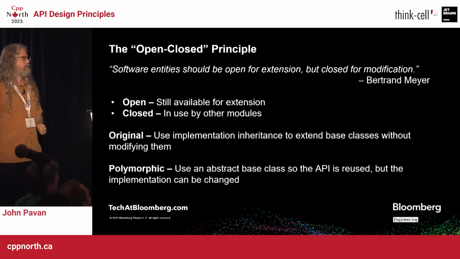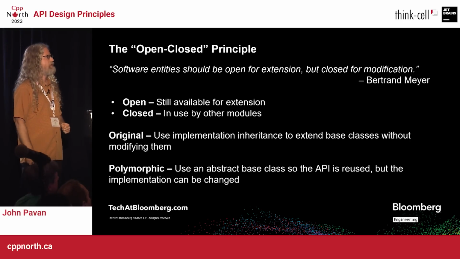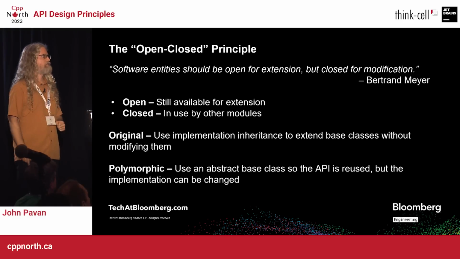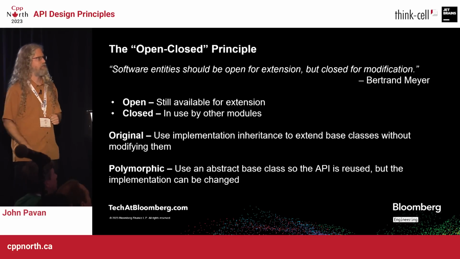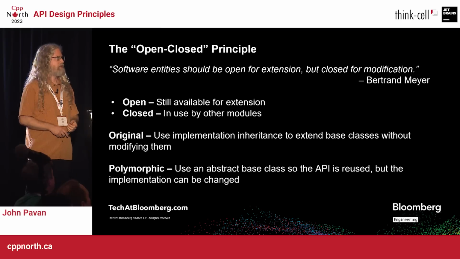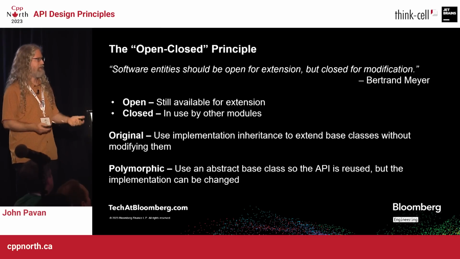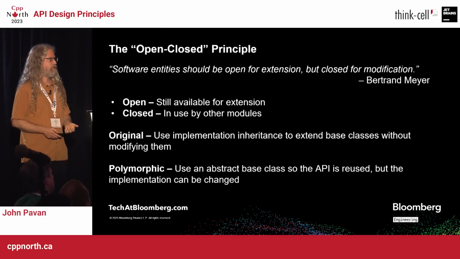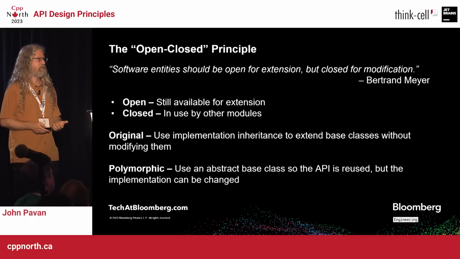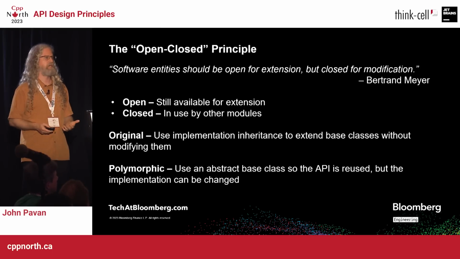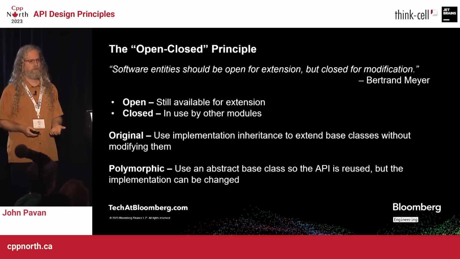You should try and follow Meyer's open-closed principle: software entities should be open for extension and closed for modification. In the original statement, the idea was that implementation inheritance should be used to extend base classes but not modify them.